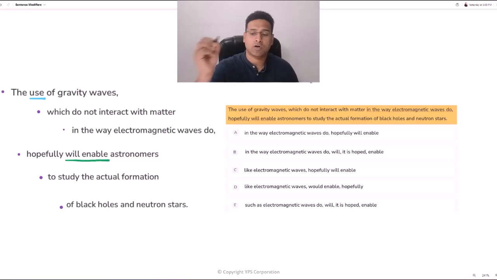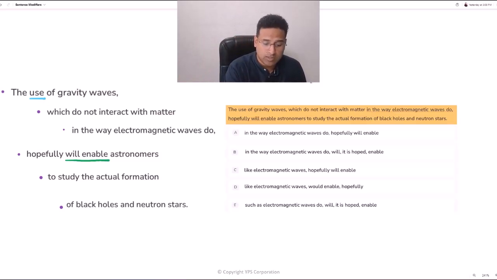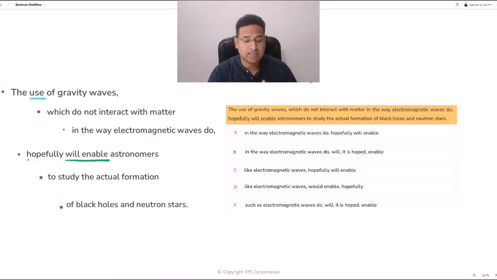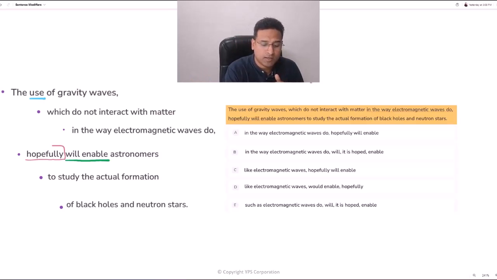So the million-dollar question at hand is, what is the word hopefully doing here? Is it modifying the verb, or is it supposed to modify the entire sentence? Let's check. So we know that the use of gravity waves will enable astronomers to study the formation of black holes and neutron stars. So tell me something, what is the purpose of the word hopefully here?